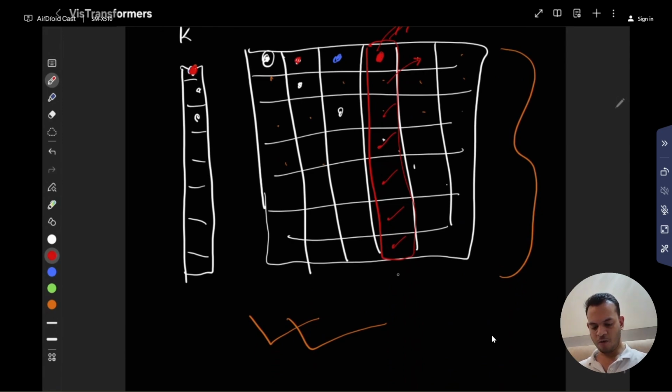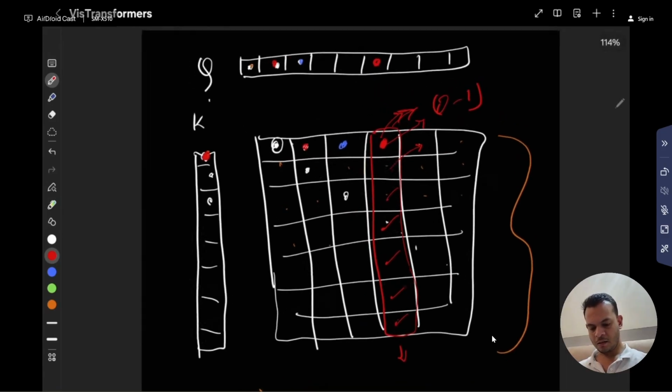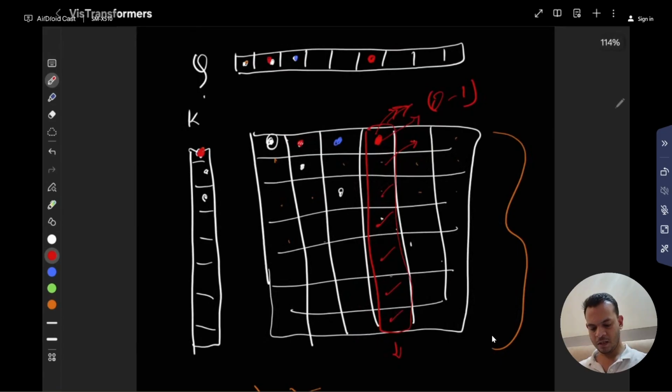And if you softmax this value, it becomes between 0 to 1. What that basically means is that the smaller the value, the more insignificant it will be, and the larger the value, the more significant it will be.